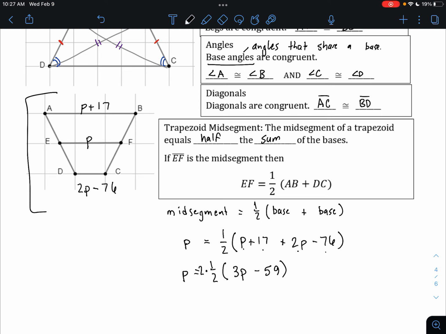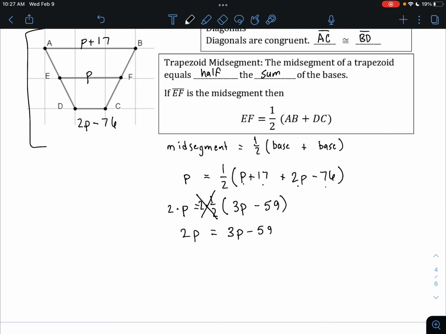And if I multiply by 2 on this side, I have to multiply by 2 on this side. These two cancel, and then I'm just left with 3P minus 59 equaling 2P. From here, you should be able to solve the equation very easily. I'll give you all a second to do that. If you just pause the video, finish it out on your own, and then you can check yourself.